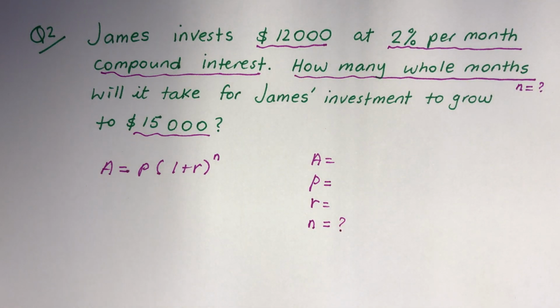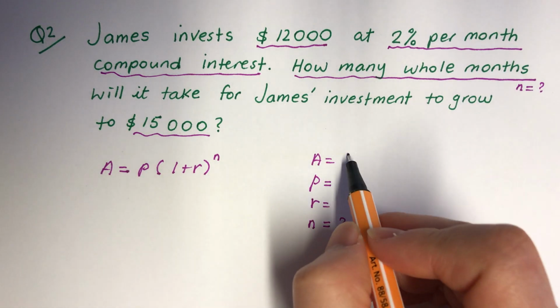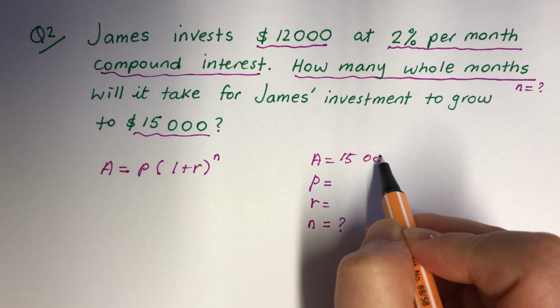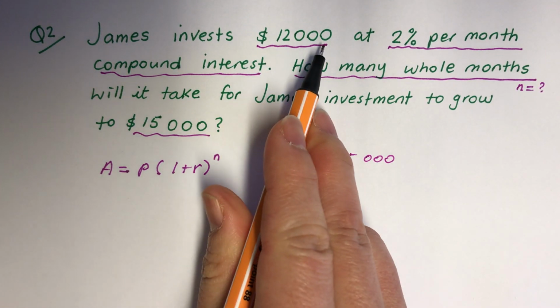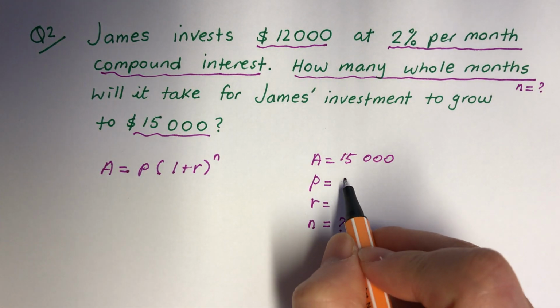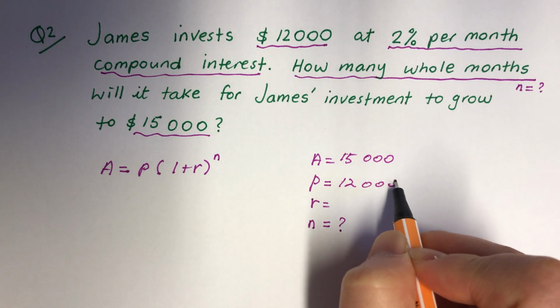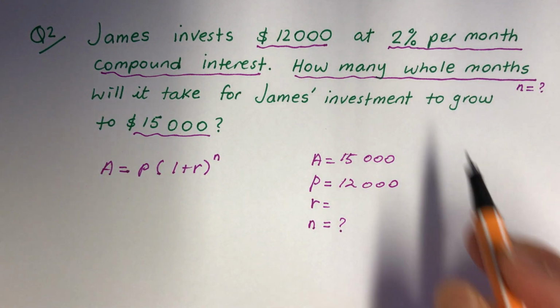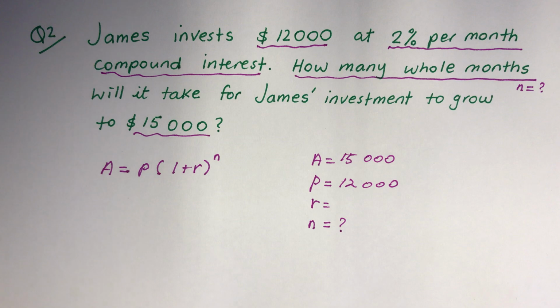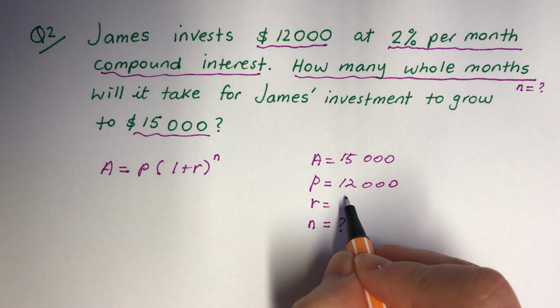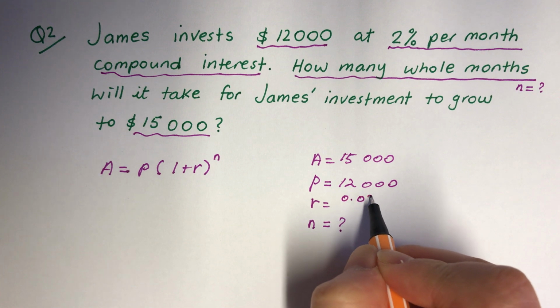So we don't know. Okay. What was the final amount that we have? $15,000. Oh, I was right. 12,000. We need that because that's a principal. At the start, we had 12,000. Rate is 2%. Rate, always put it in a decimal form, guys. So it'd be 0.02. Why?